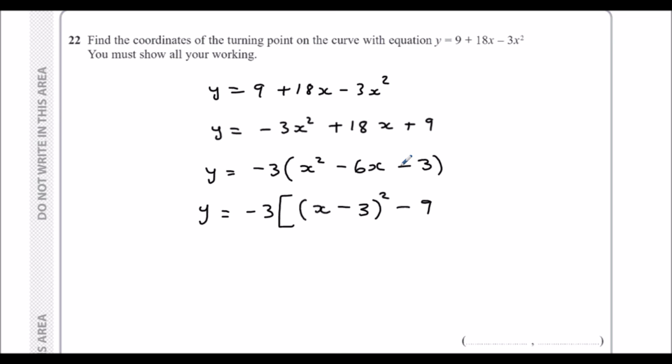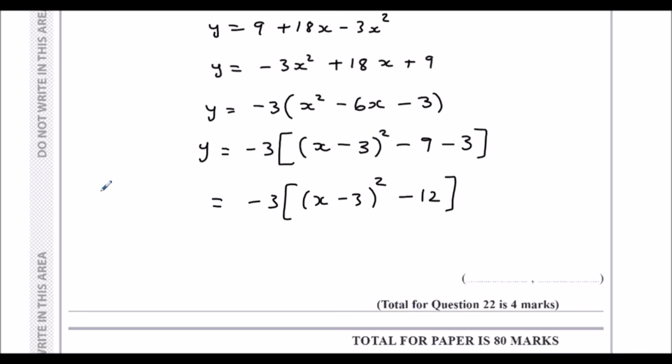And I've still got the minus 3 on the end. So I've got minus 3 times x minus 3 squared minus 12. So I've completed the square. I'm going to expand this big bracket. We don't have to, but I think it'll make it clearer. So minus 3 times x minus 3 squared, and then minus 3 times minus 12 is a positive 36.